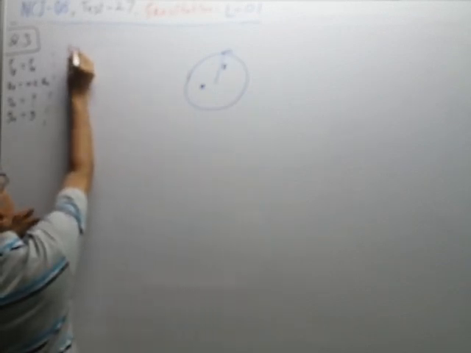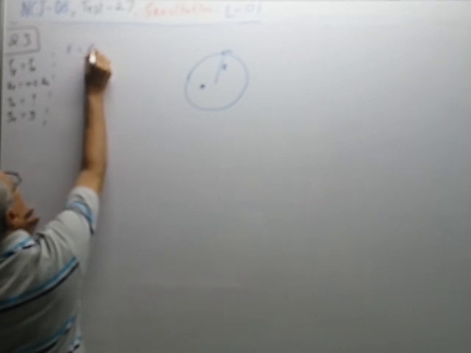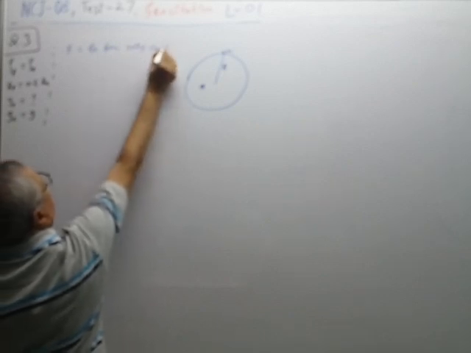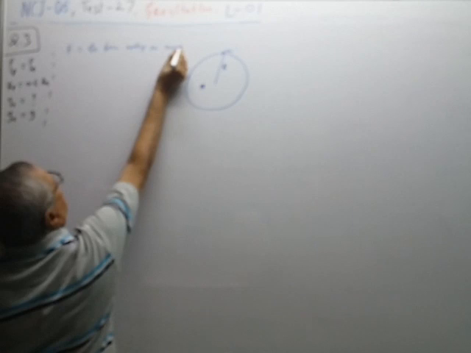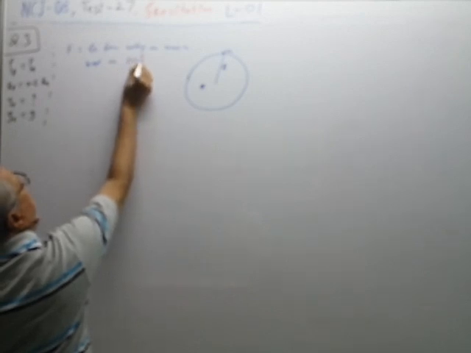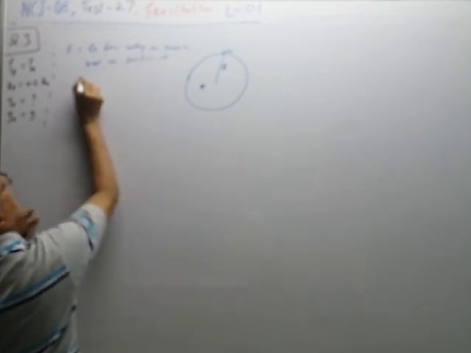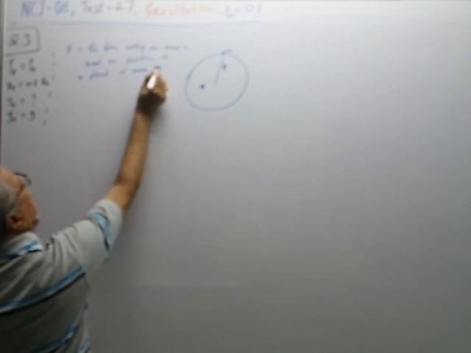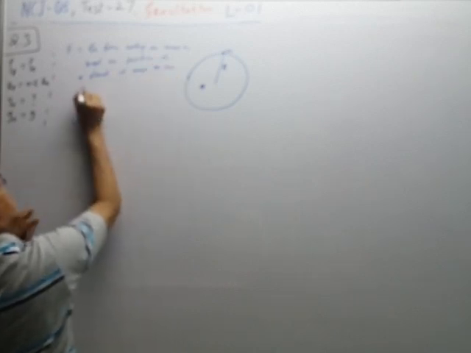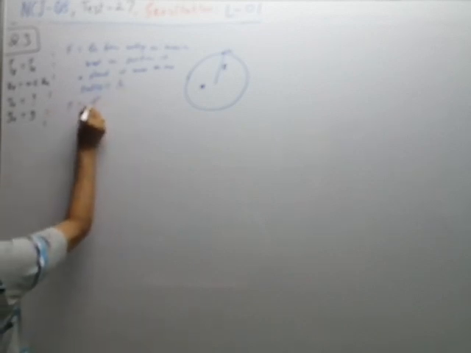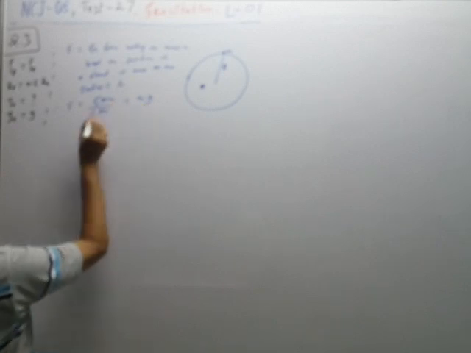So F is the gravitational force acting on mass m kept on the surface of a planet of mass capital M and a radius equal to capital R. Therefore, F is equal to GMm upon R square, which is equal to m into g, so m will get cancelled.